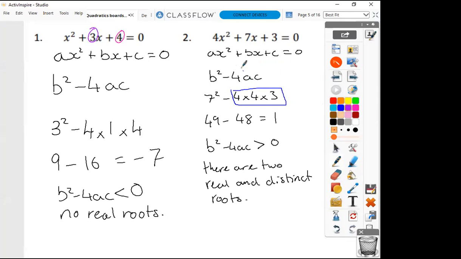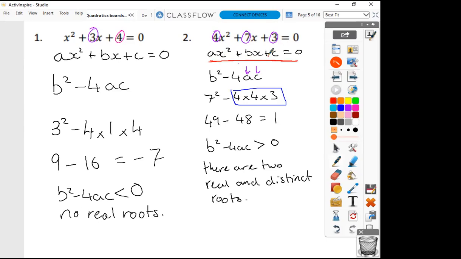Okay, so that b squared minus 4ac goes back to our equation. That's a, b, and c there. When we started looking at quadratics, we put it in this format where ax squared plus bx plus c equals 0. So a is the number in front of the x squared term, b is the number in front of the x term, and c is the number that stands alone, the whole number at the end.